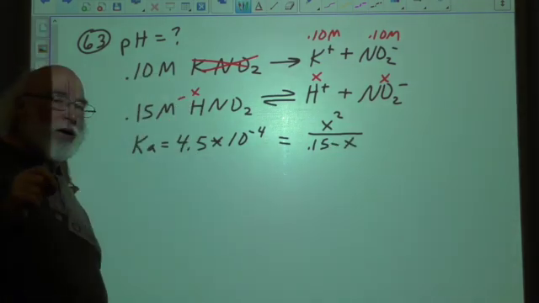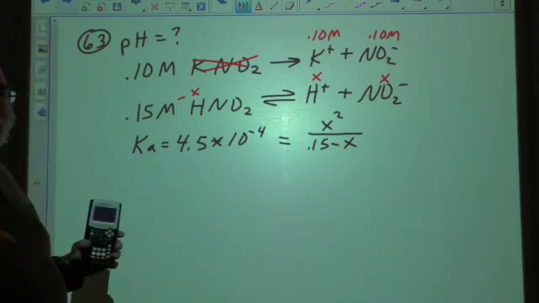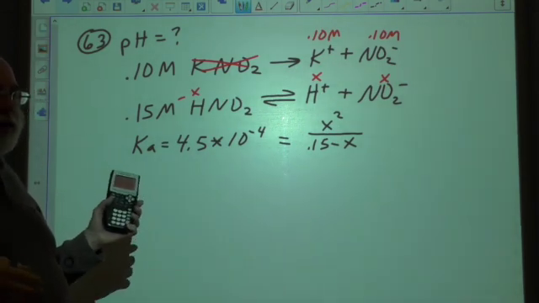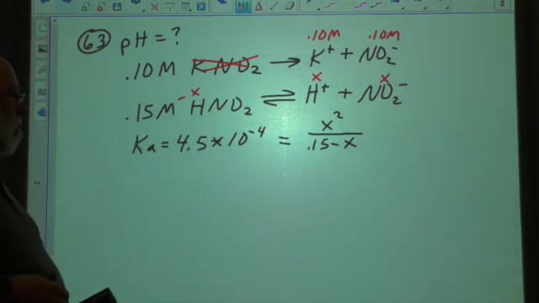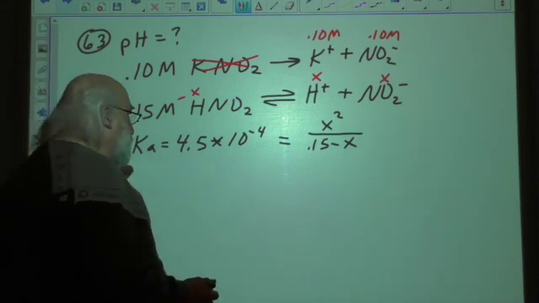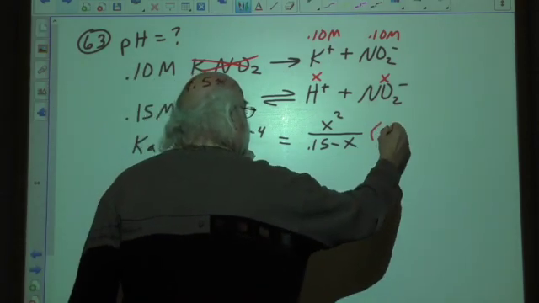Now I'm going to do something with this. I'm going to do this twice so that you can see another way of doing this other than what I'm doing right here, and you'll probably like to do it that way rather than what I'm doing right here. But let's continue on as if this is the only way to do it. Multiply both sides by 0.15 minus X.